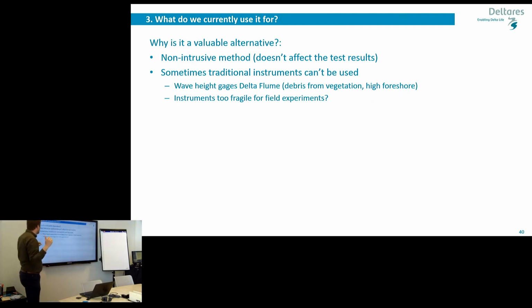For instance, in the delta flume last year, we had willow trees, and those give a lot of debris, branches and leaves, what have you. So then it's difficult to use wire wave gauges because these twigs get into the wires, and it's kind of a disaster. In those kinds of situations, it's a very valuable alternative to have.